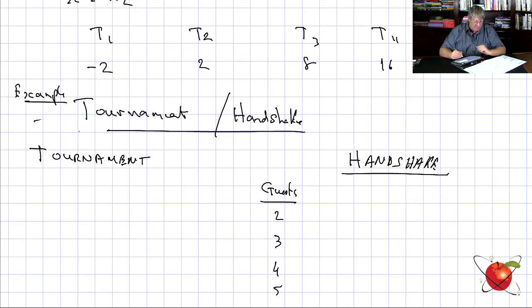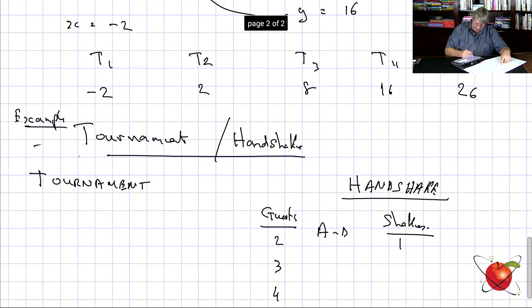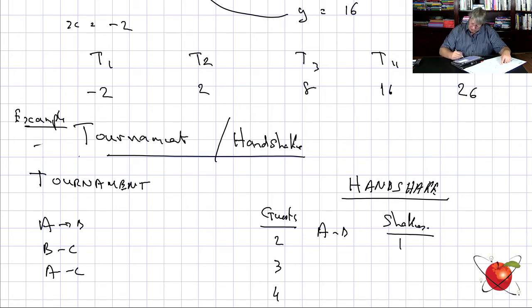If you've got 2, it means that A must shake with B. So how many shakes do we get? 1. If we've got 3, A must shake with B, B must shake with C, and A must shake with C. So with 3 guests, we've got 3.